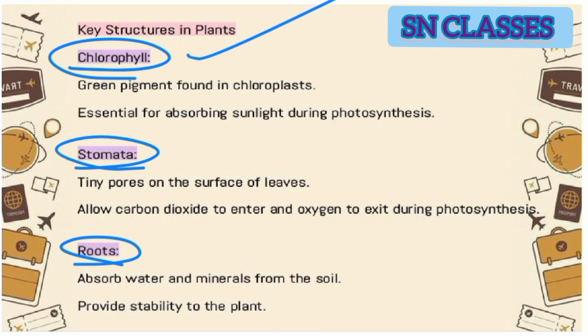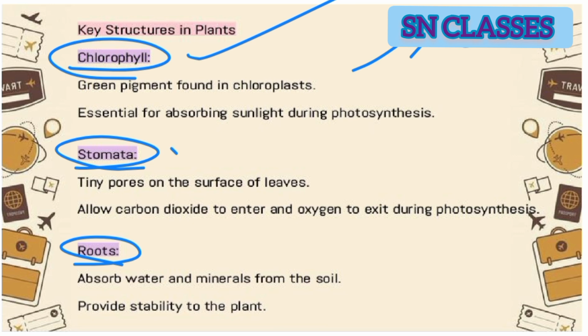Chlorophyll is a green pigment found in the chloroplast, which is an organelle seen in plant cells. Chlorophyll is essential for absorbing sunlight during the process of photosynthesis taking place in the plant.